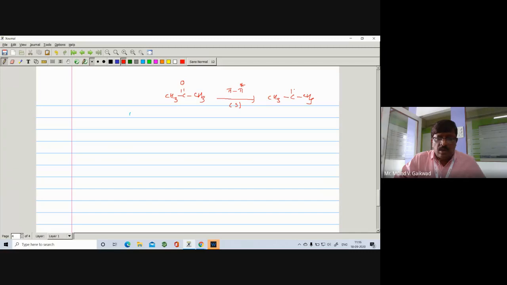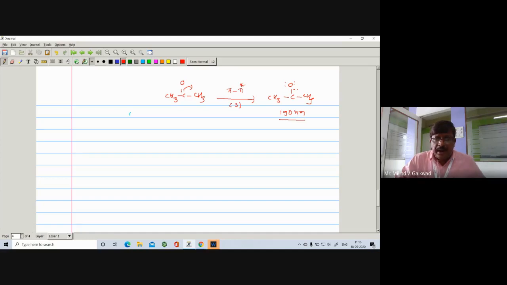Here, one of the electrons is shifted towards pi star. Oxygen has two lone pairs, and one of the electrons is shifted to pi star, and it absorbs at 190 nanometer. Look again, this spectrum is below 200.